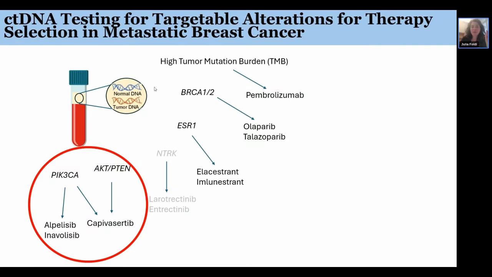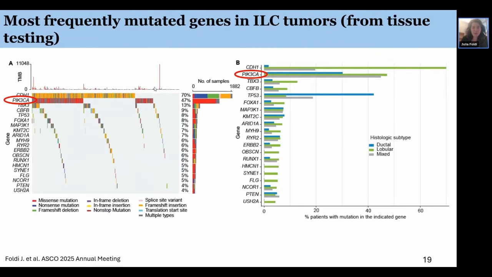This is also very frequently found in lobular breast cancer. So we did another study which showed that in ILC tumors, so this is now from tissue, almost 50% of ILC tumors have this PIK3CA mutation, which we can target with specific drugs.